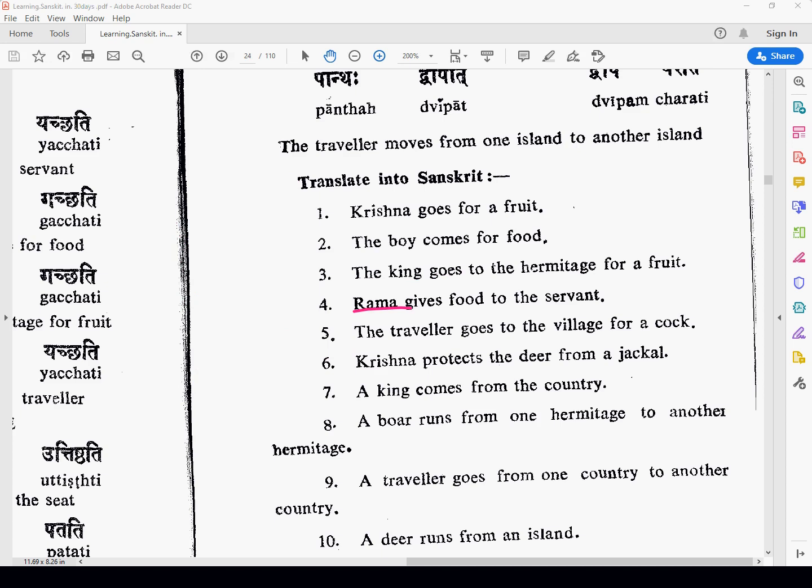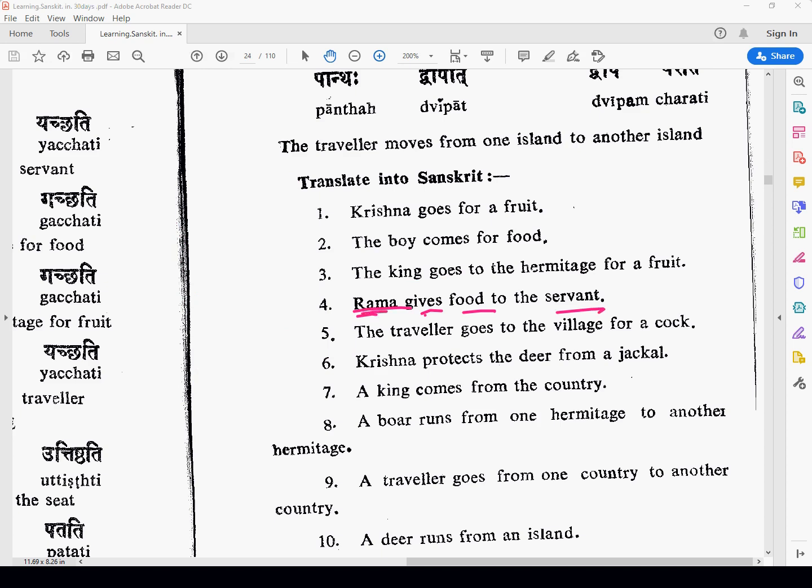This next one, Rama gives food to the servant. Ramaha yachati annam sevakaya. Yes. Ramaha yachati, this is the word.